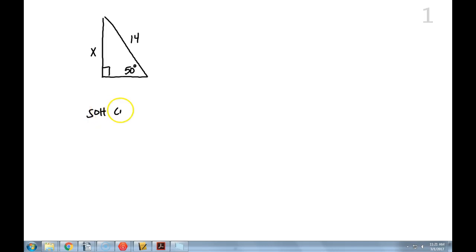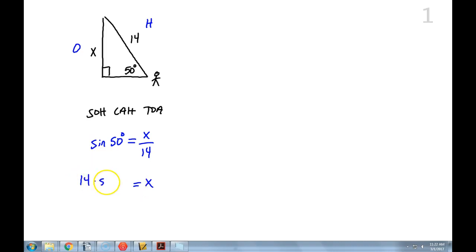Using SOHCAHTOA, using right triangle trig, I would say, hey man, this is the opposite side, this is the hypotenuse, so I'm going to use the sine of 50 degrees is opposite over hypotenuse, and multiplying both sides by 14, I get x is 14 times the sine of 50. I'm not going to worry about whatever that answer is, but that's that.